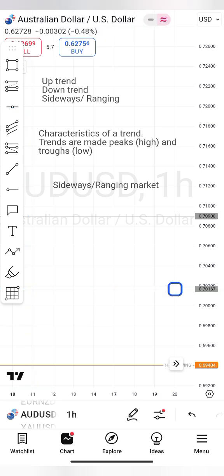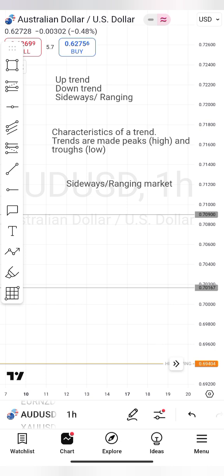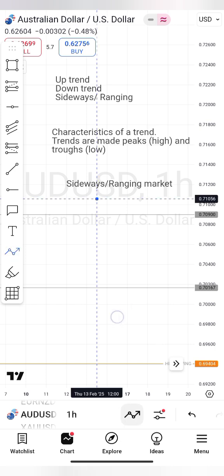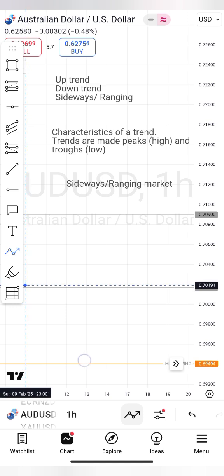Why is it called sideways or ranging? It doesn't move up or down. The peaks, that is the highs and lows, are within a specific range. It's almost like the market is just moving sideways to the right.